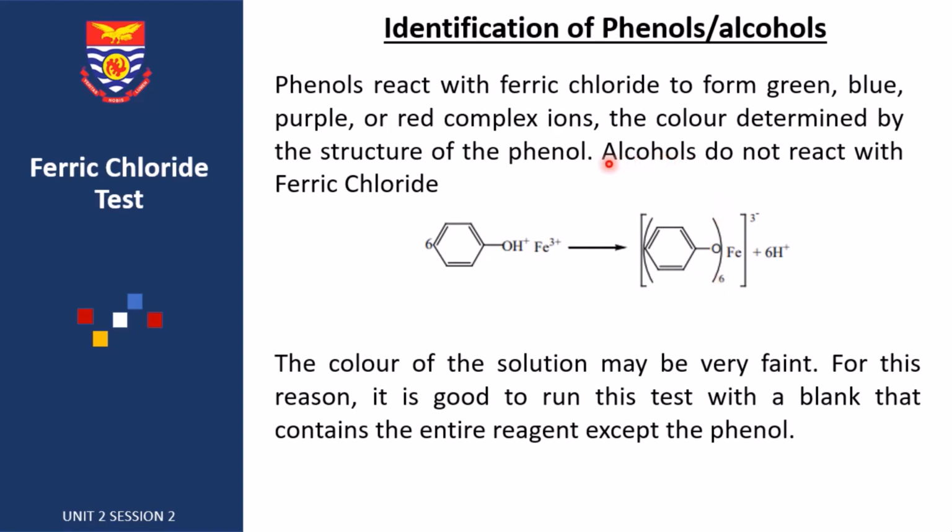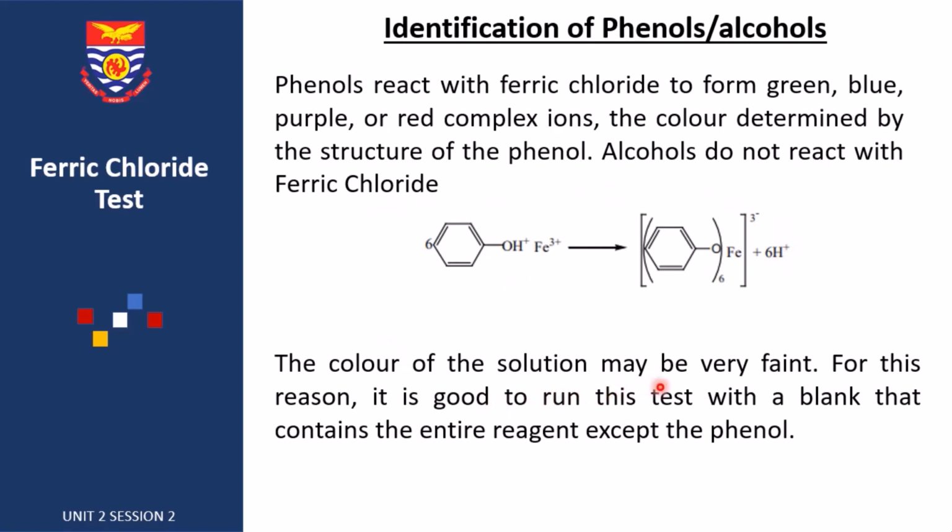So that gives us the chance to identify an unknown compound as a phenol, because alcohols do not react with ferric chloride, right? So this ferric chloride test is for phenols and not alcohols.